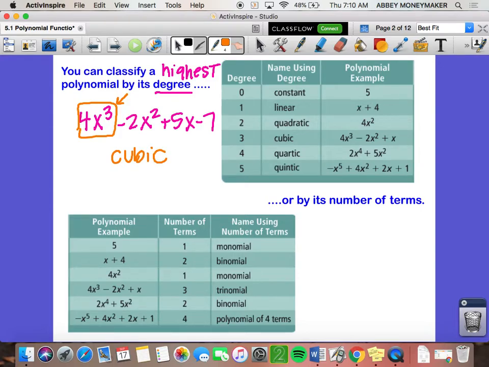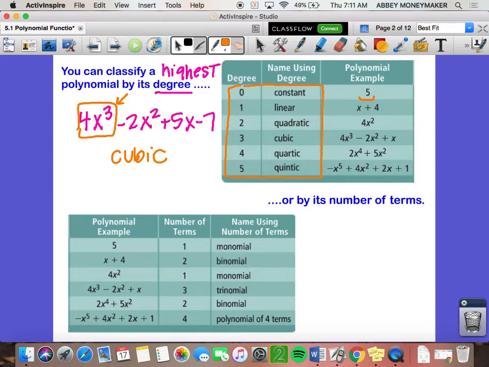And here is the list of all the powers. If your highest power is 0, so for example, you don't even have a variable, you just have a number, that is called a constant. An example would just be a number, like 5. If you have the highest power as 1, that is called a linear.